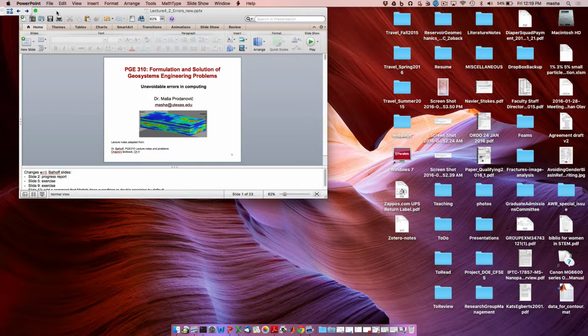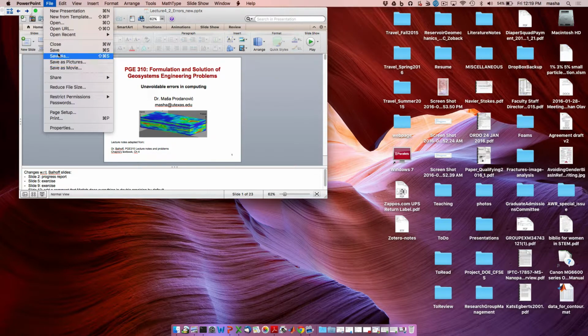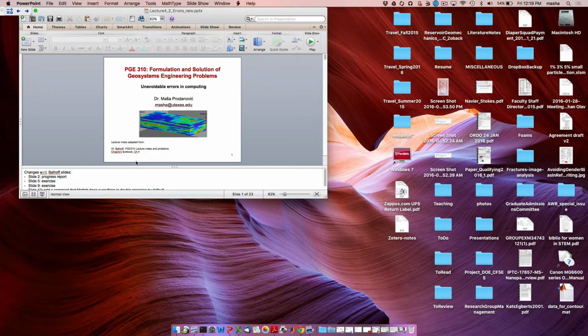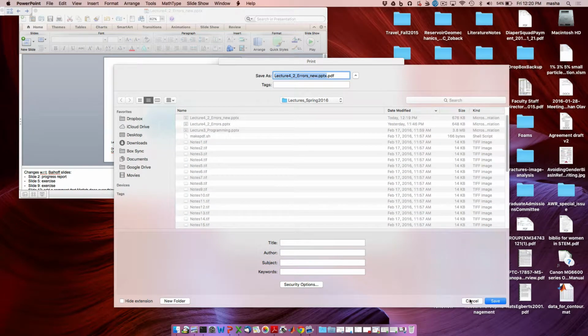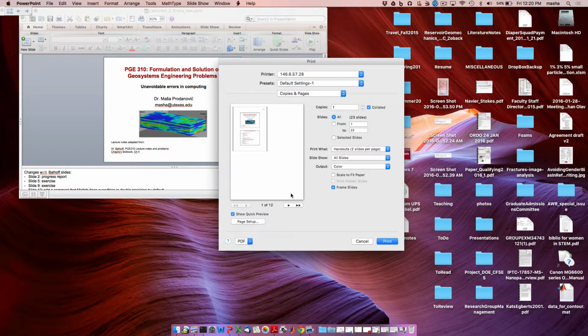Let me quickly save, print. What is going on here? Okay.